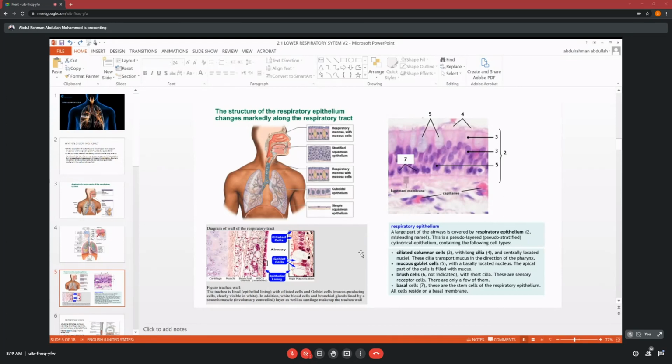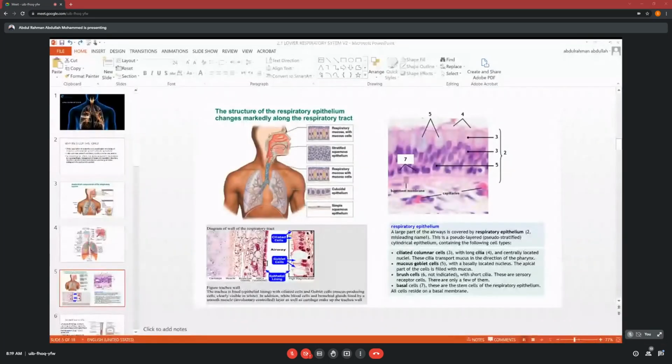Pneumocyte type 2. Very good. Pneumocyte type 2 is the second type of cells found in the respiratory part, and it contributes to the formation of surfactant. So Clara cells increase as we go down, because they also contribute, with the help of pneumocyte type 2, to the formation of surfactant.